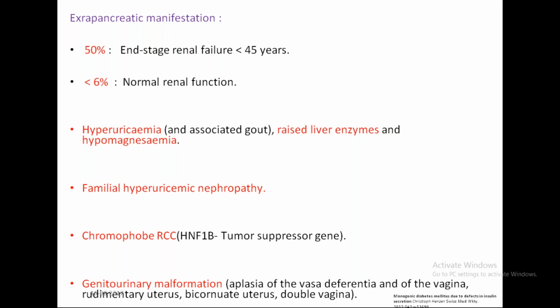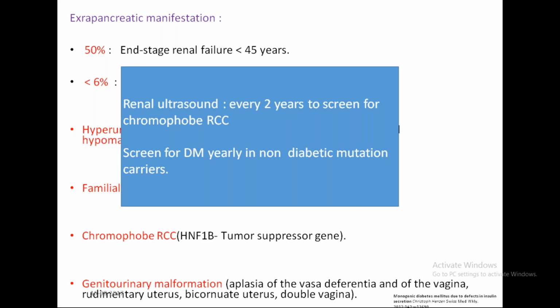Genitourinary malformations like aplasia of the vas deferens and of the vagina, rudimentary uterus, bicornuate uterus, and double vagina can occur. Do a renal ultrasound every 2 years to screen for chromophobe RCC. Screen for diabetes early in non-diabetic mutation carriers.